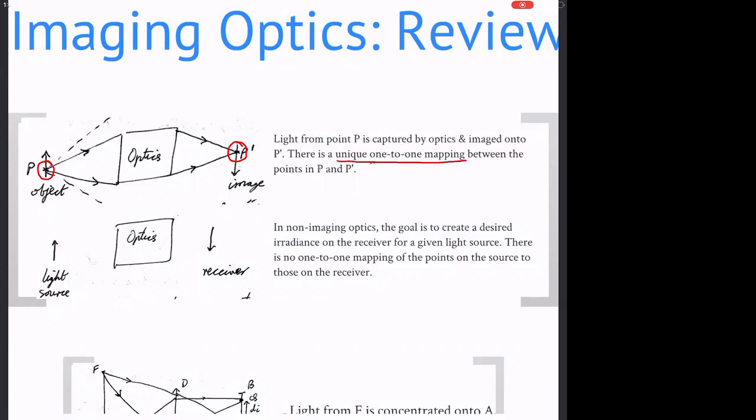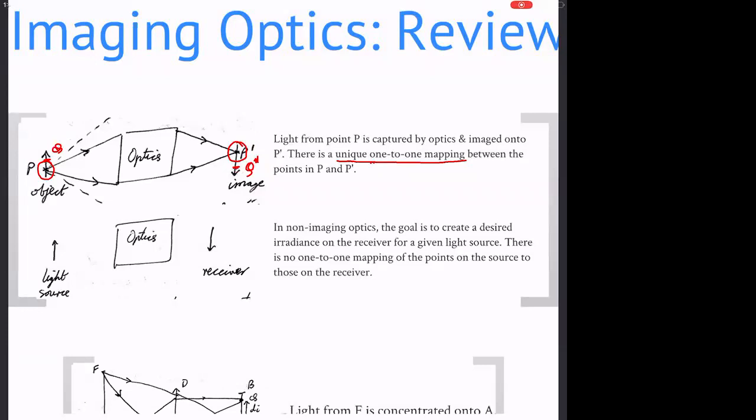In other words, there is a point P prime that corresponds to P, and only one. If I take another point Q, it will not correspond to P; it will correspond to a different point, Q prime. So it's unique and one-to-one.